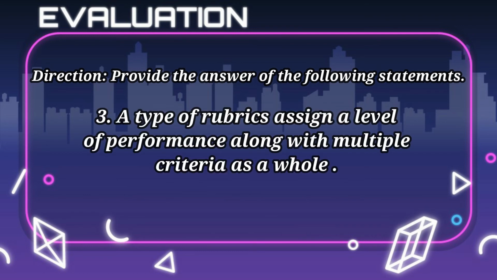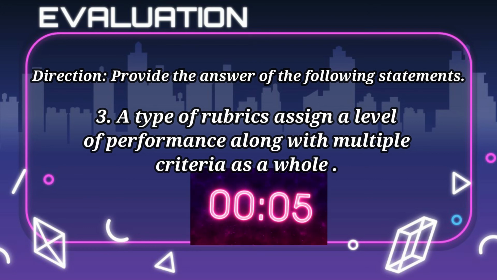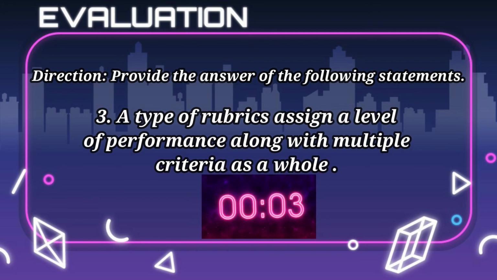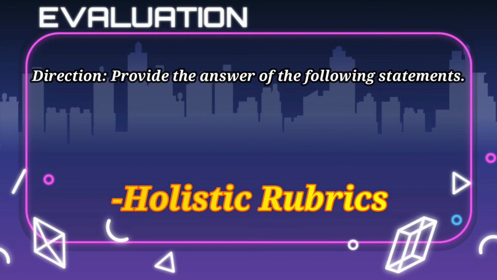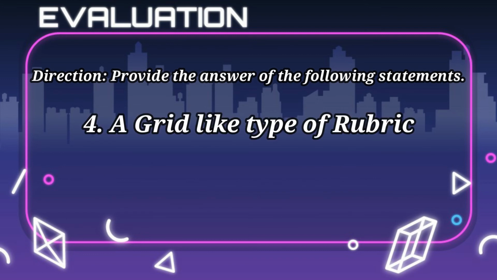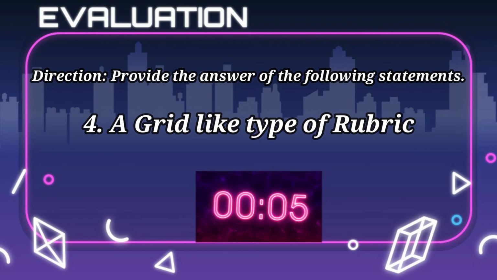Number 3. A type of rubric that assigns a level of performance along with multiple criteria as a whole. Timer starts now. Okay, very good. It's holistic rubrics. Number 4. A grid-like type of rubric. The timer starts now.